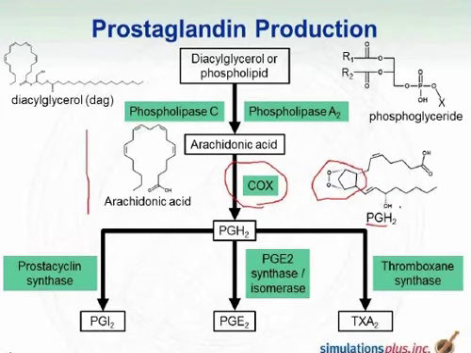So PGH2 is then used as a substrate for prostacyclin synthase to create PGI2. PGE synthase and isomerase create another prostaglandin, PGE2, and PGH2 is also a substrate for thromboxane synthase to make thromboxane.